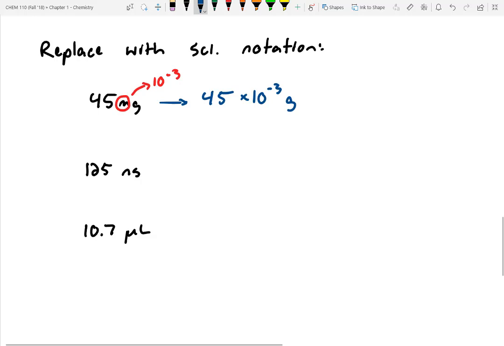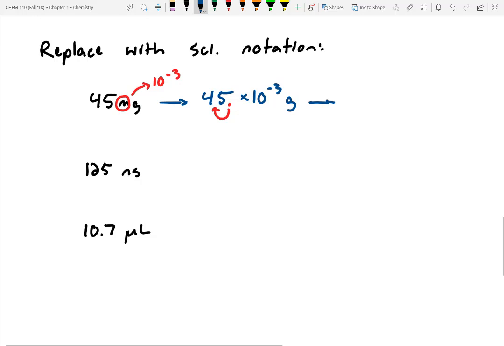However, there's this weird thing with scientific notation where you always want the decimal after the first non-zero number, right? So imagine that you've got this decimal over here. Let me make it red, actually. And we're going to move it over to the left one spot.